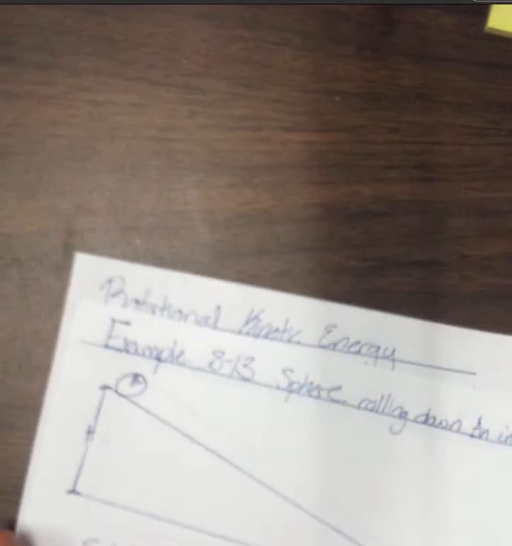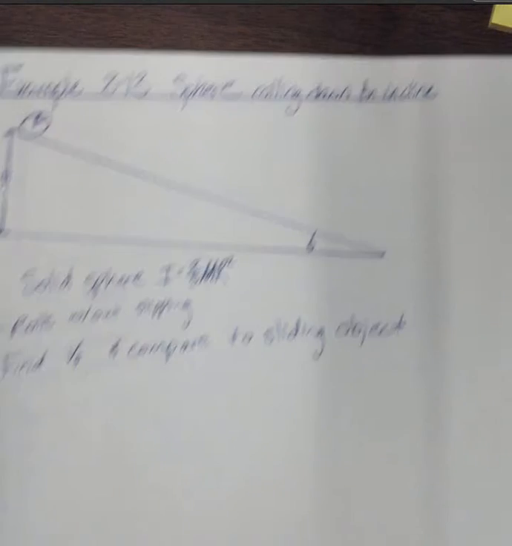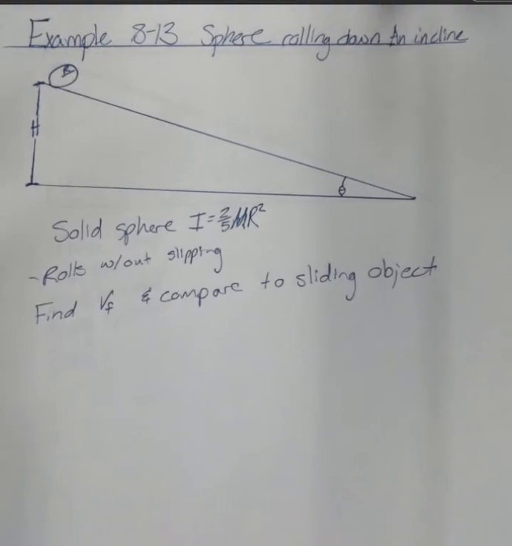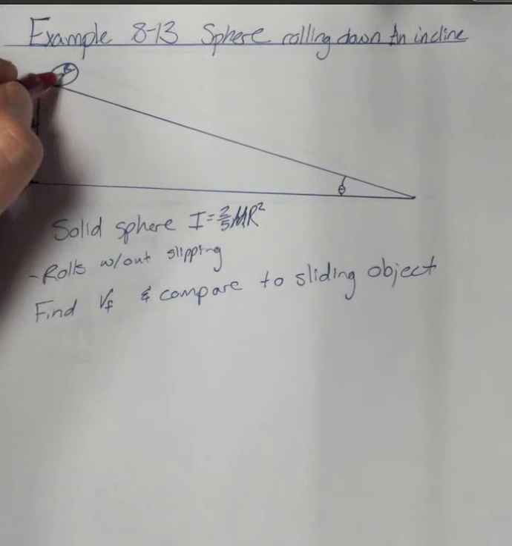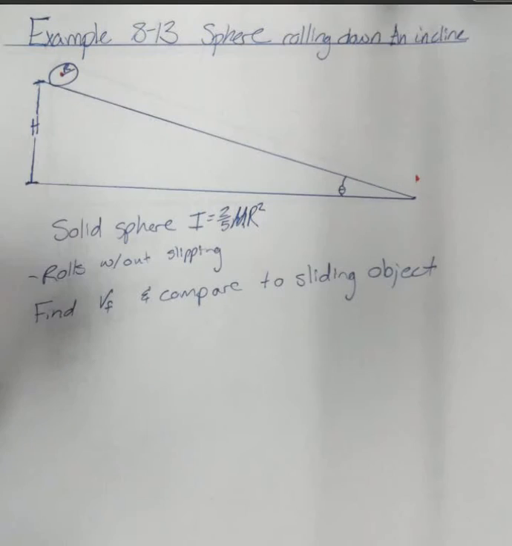So let's go ahead and take a look at how that calculation applies to moving, rotating objects. Here we're going to be looking at a sphere rolling down a hill. Since that sphere is getting displaced from here down to here, it's going to have translational motion.